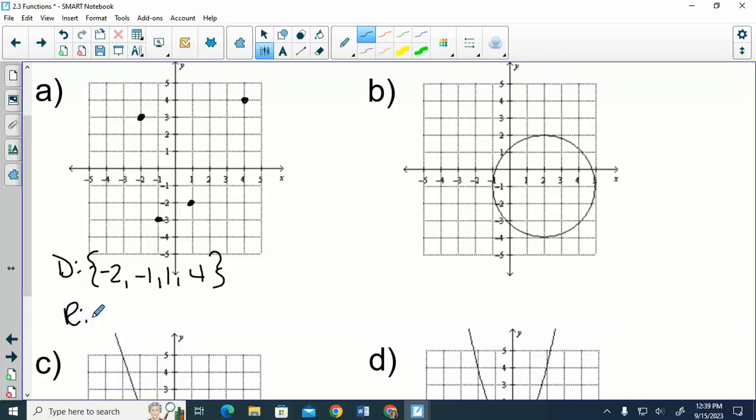The range would be the y values of those 4 ordered pairs. So -3, -2, 3, and 4.